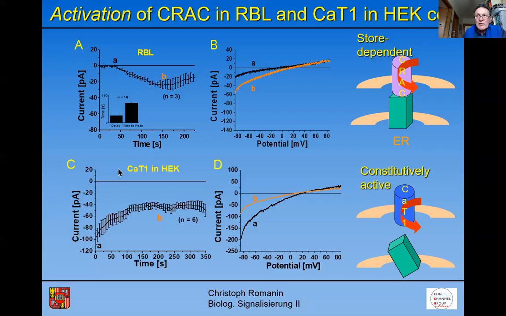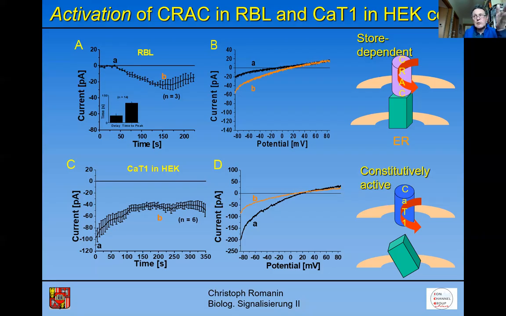It's not under the control of the store, because the stores are pretty full in these human embryonic kidney cells. Of course, you get the same effect here that the more EGTA diffuses into the cell, the more the stores get depleted, but you can see there is no further current activated, because the HEK cells per se do not have this CRAC current.